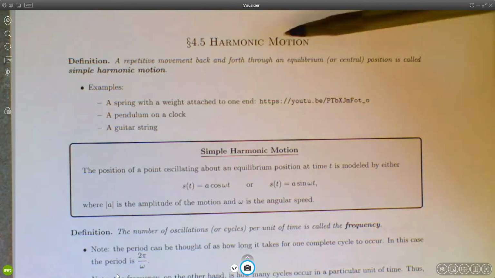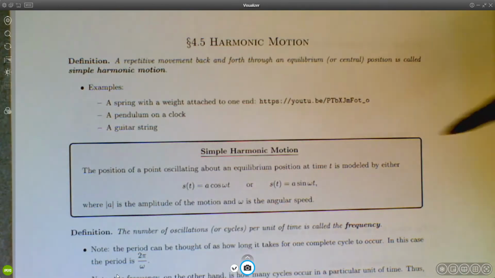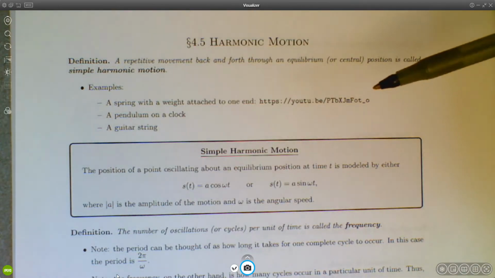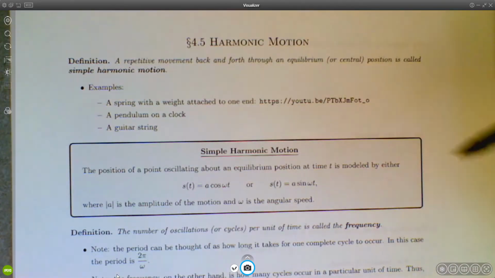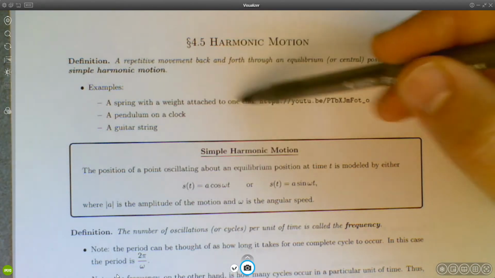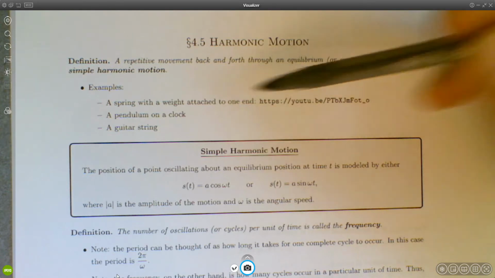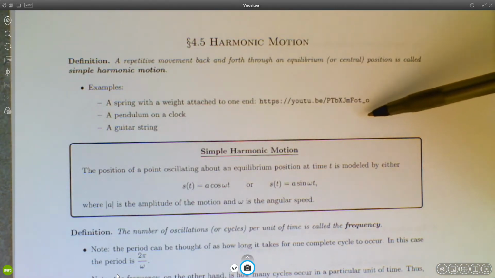Repetitive movement back and forth through an equilibrium or central position is called simple harmonic motion. An example of this would be a string with a weight attached to one end, right? If you pull it down and then let go, it's going to oscillate back and forth, and it's going to pass through an equilibrium position 0. I have a little link to a video here which you can watch on your own.